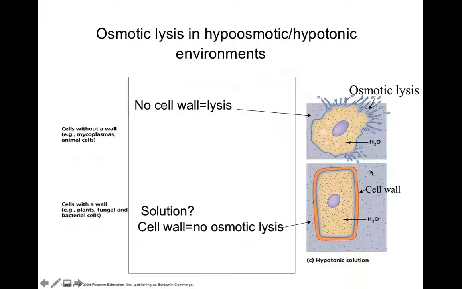So what happens is, water will still move into the cell, water pressure will build up, but now the cell wall, because it's so strong, will exert an equal and opposite pressure. And again, that's going to prevent the little cell from blowing up. So cell walls are really important. And we'll see that we find cell walls in plants, fungi, and our big emphasis is going to be the bacterial cell wall.